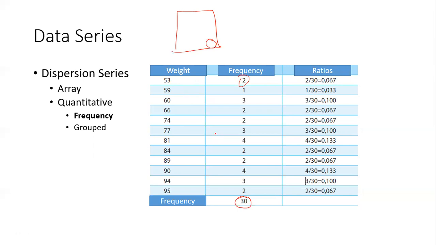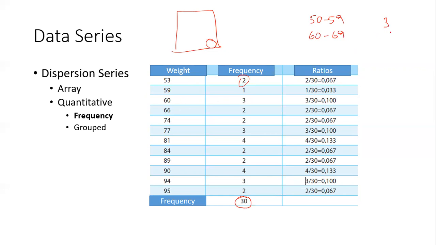The next one is just grouping the data. What do I mean by grouping? You can say, let's see how many boxes we have between 50 and 59 kilograms. 53, 59. You have two and one, so you have three boxes. How about between 60 and 69?